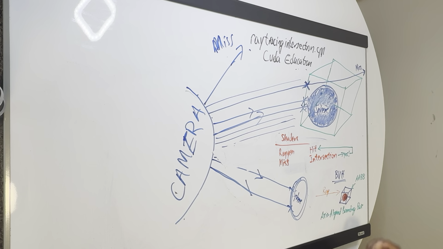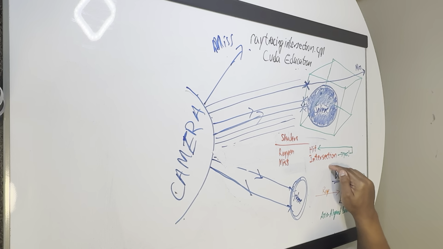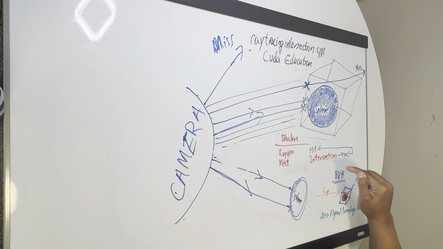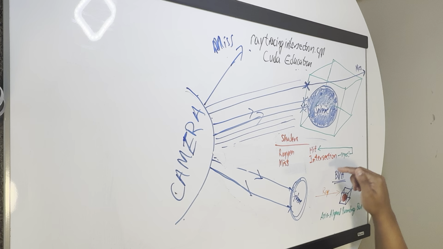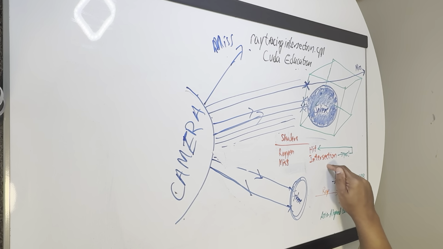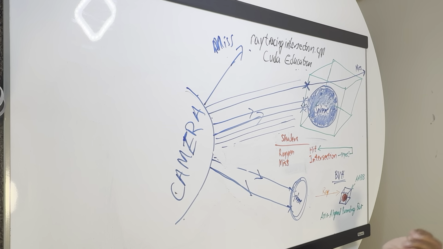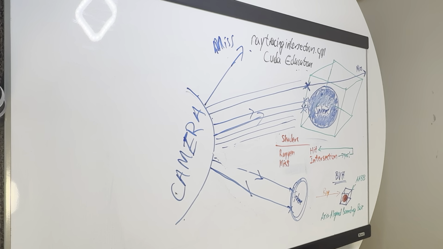So a pixel is like a ray. If the pixel or the ray is part of the sphere, you're going to paint a sphere, but you have to test whether that pixel is part of the sphere using the intersection shader.